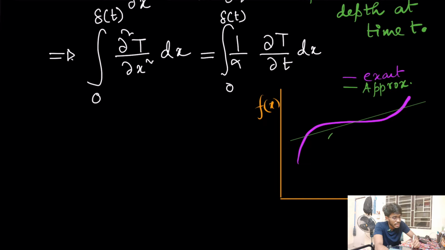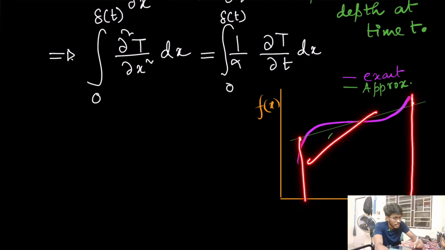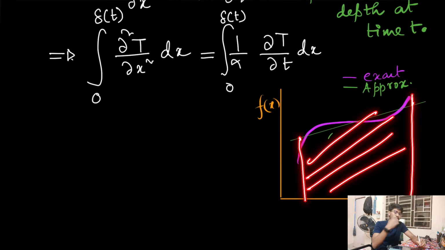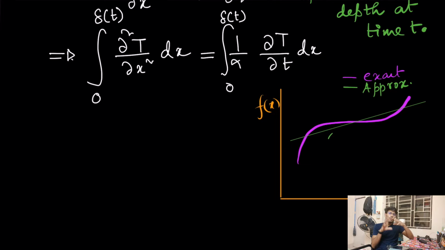But if you take the integration, maybe from this point to this point, then both will have almost the same area under the curve. The difference will be very small. Why?